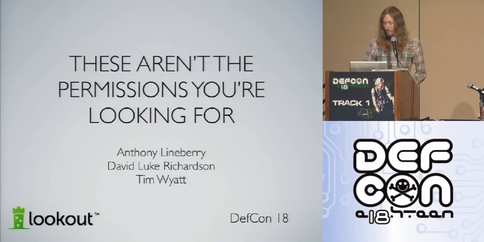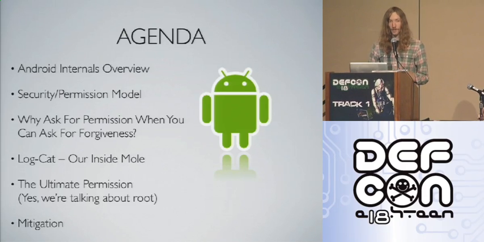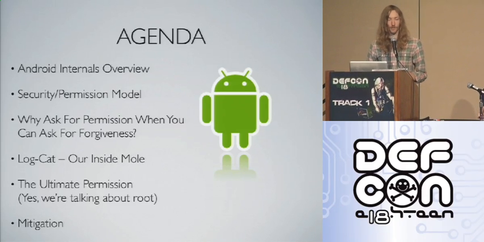So the things we're going to talk about today, we're going to do a brief, boring overview of the Android internals, just to get people who don't have any context of what some of these components are up to speed a little bit. Then we're going to talk about the security and permission model and a little brief overview on that and how the sandboxing works.